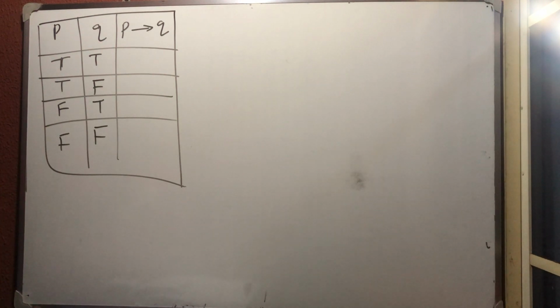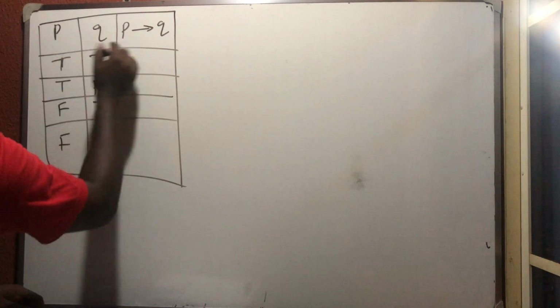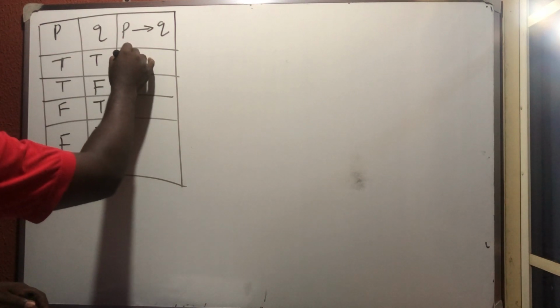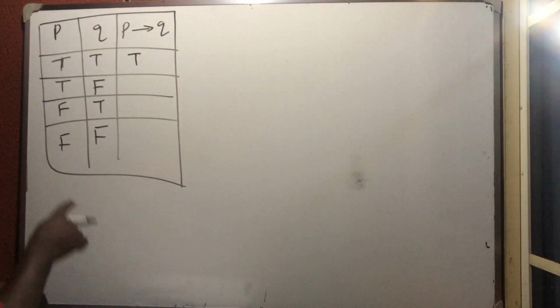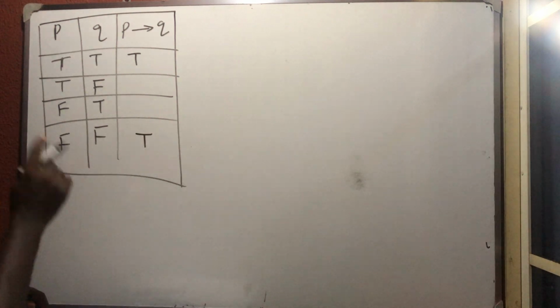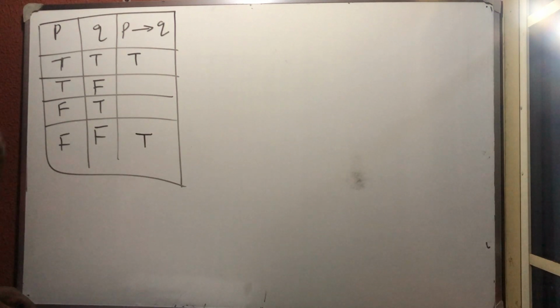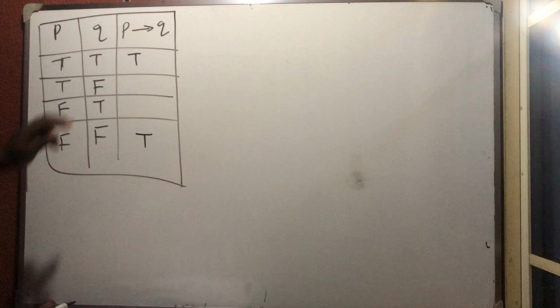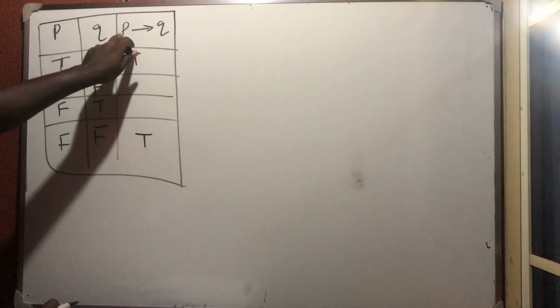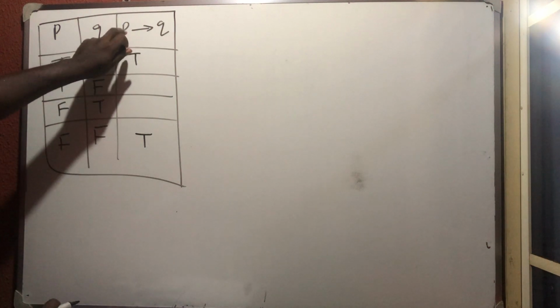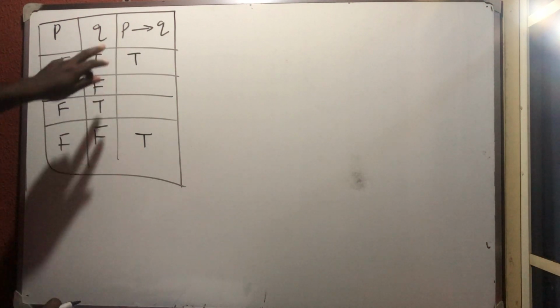Now in implication, it depends on what is started with. If they are the same thing, then automatically the answer is truth. Once they are the same thing, the answer is truth. But if they are not the same thing, you consider the one that comes first. This means if P then Q. So P is the main man, the one that comes first.